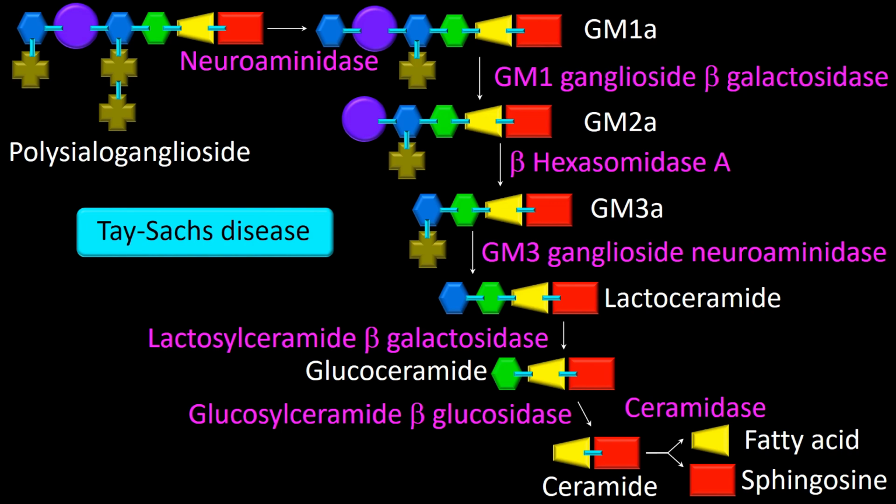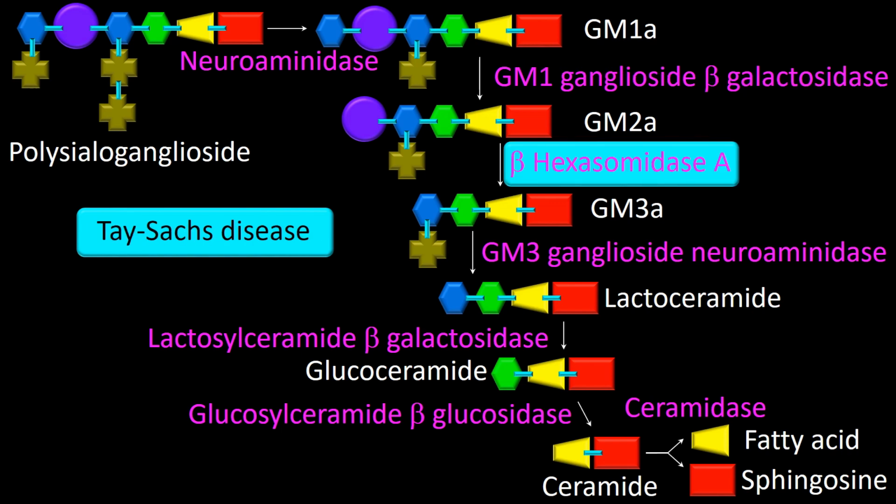In Tay-Sachs disease, the enzyme affected is beta-hexosaminidase A. Dysfunction, again, as we said for GM1, can be produced by an abnormality that is partial or total, or also it can be produced by dysfunction due to malfunctioning of GM2 activator or SAP-B.